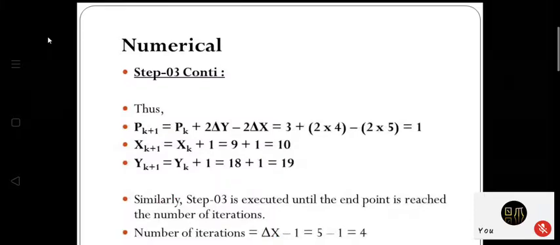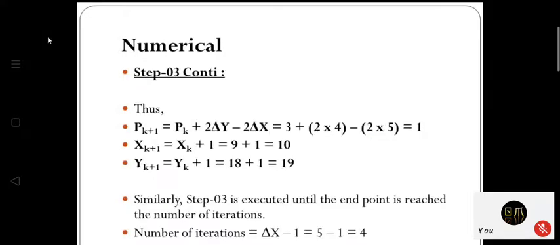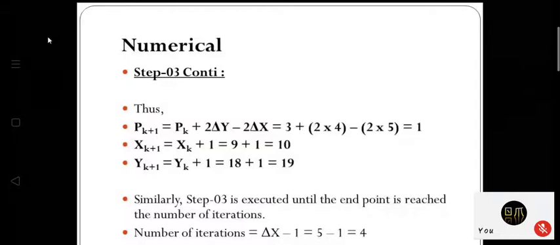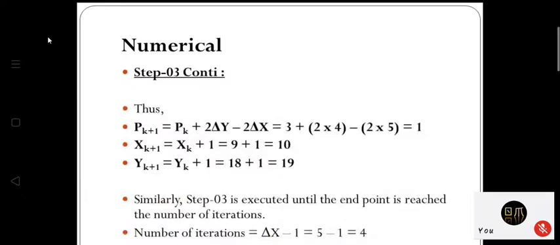So step 3 is what? First you will compute decision parameter p of k plus 1. Now what is the formula in this particular case? It is p of k plus 2 delta y minus 2 delta x. So p of k we have already got, which is 3, plus 2 into delta y. Delta y value is 4, and delta x value is 5.